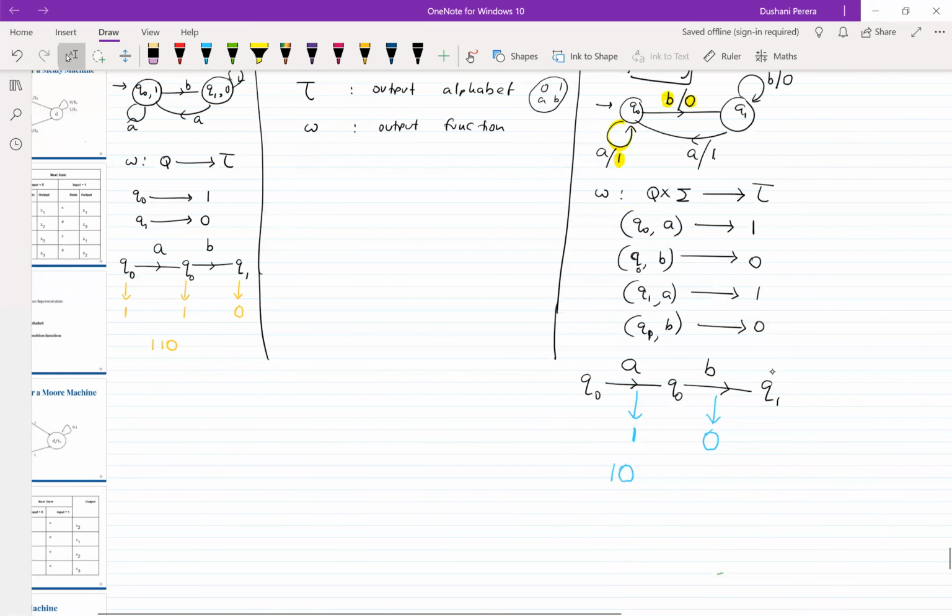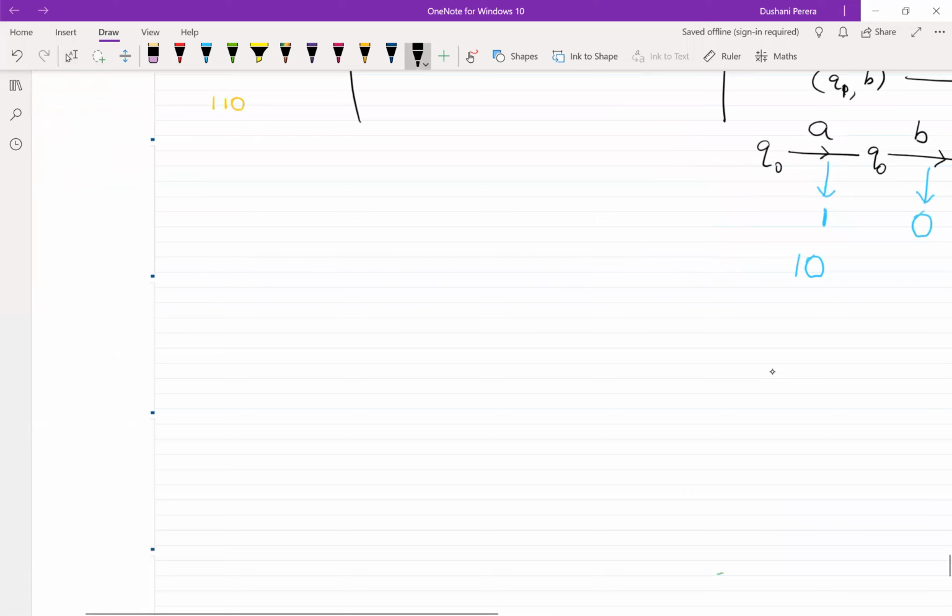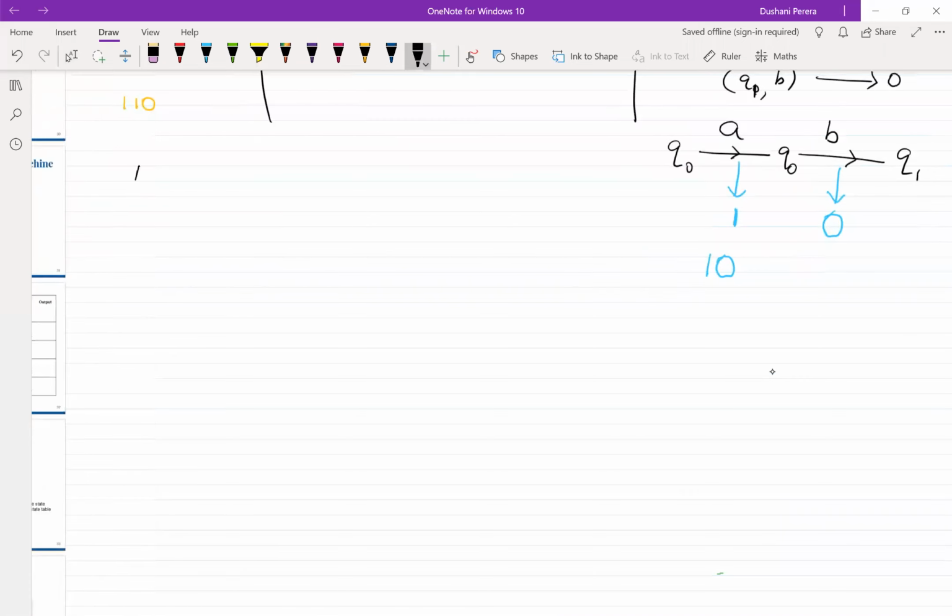Now let's quickly look at a small example. Let's say you want to create a Moore machine which takes the set of all strings over AB. So sigma is going to be AB.